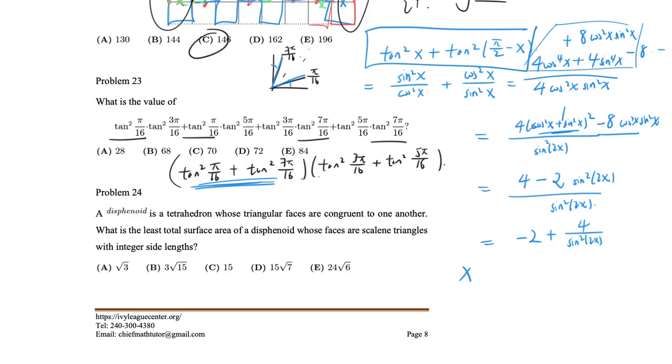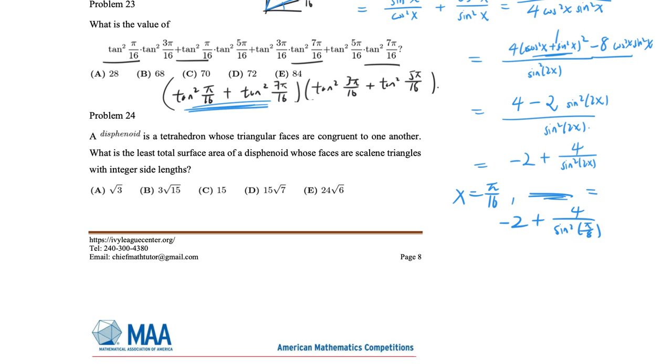So then taking x equals pi over 16, we would have that this blue underline part is equal to negative 2 plus 4 over sine squared pi over 8. And x equals 3 pi over 16 would give red underline part is equal to negative 2 plus 4 over sine squared 3 pi over 8.